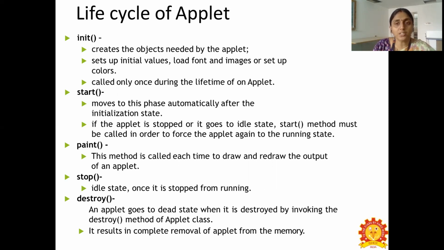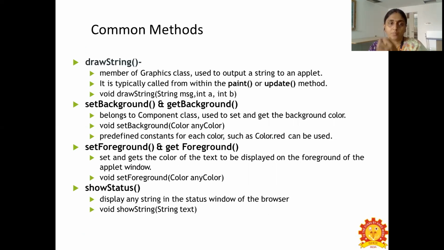And the stop function puts the applet in the idle state once it is stopped from running. And finally, the destroy function: an applet goes to the dead state when it is destroyed by invoking the destroy method of the applet class. And this results in complete removal of the applet from the memory.